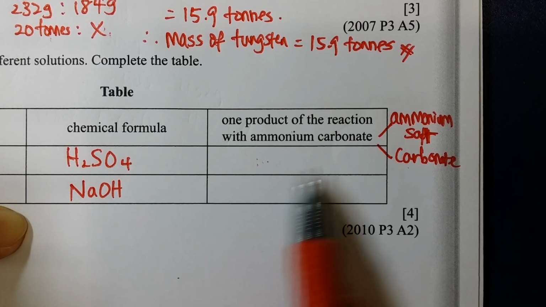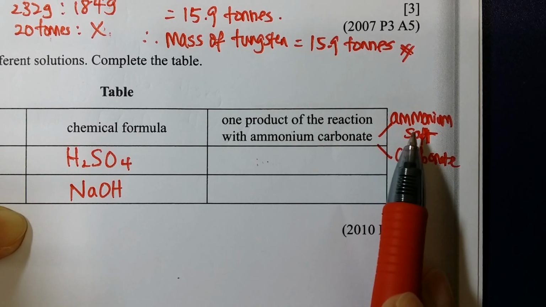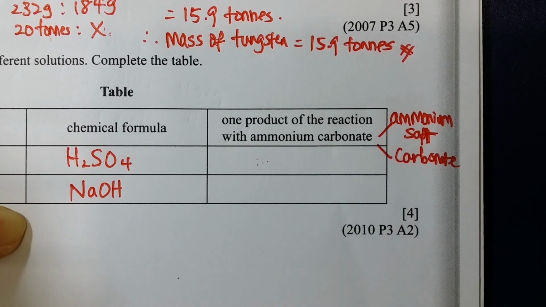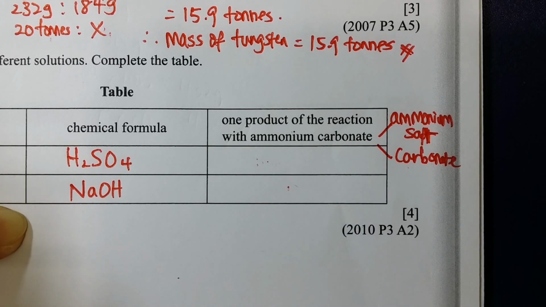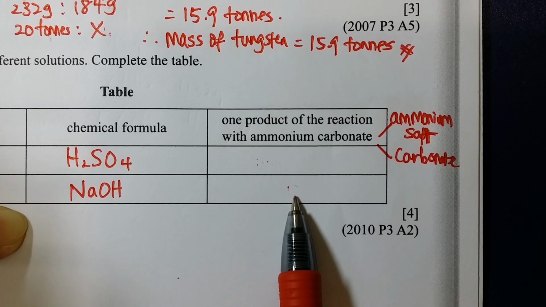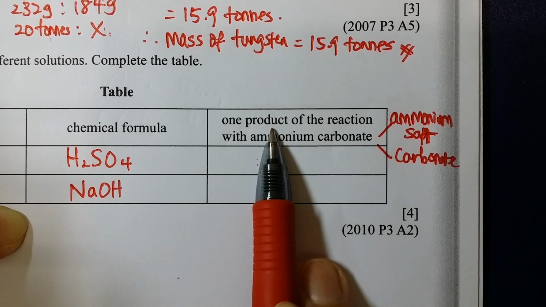And the name of the salt would be sodium carbonate. So for here, you can write either ammonia gas, water, or sodium carbonate. Either one of the three answers, because the question wants one product.